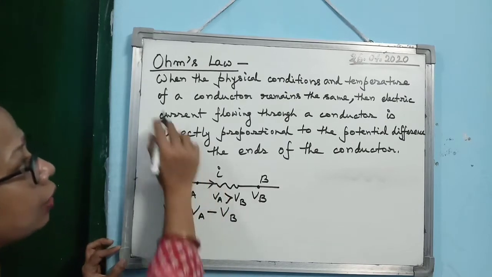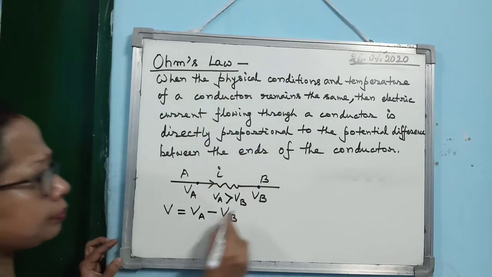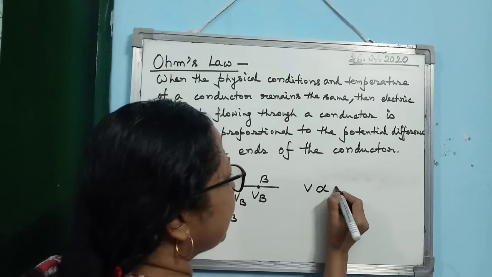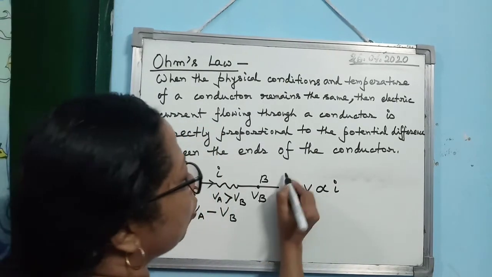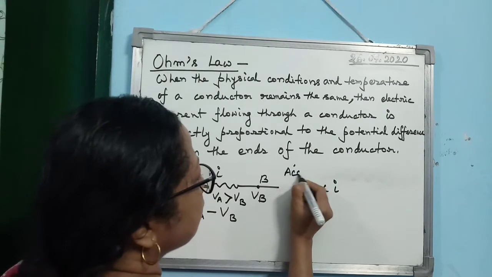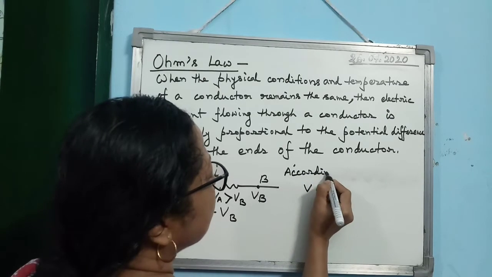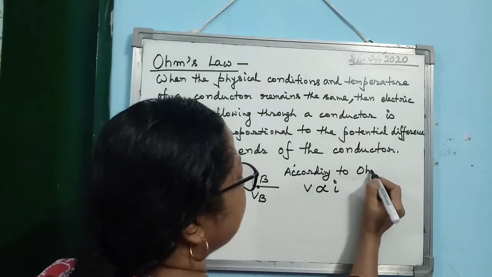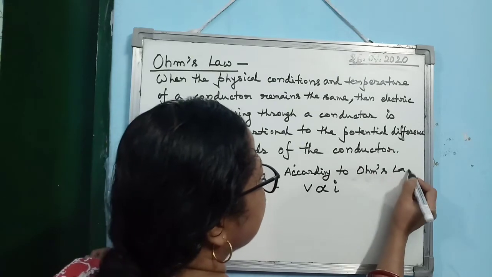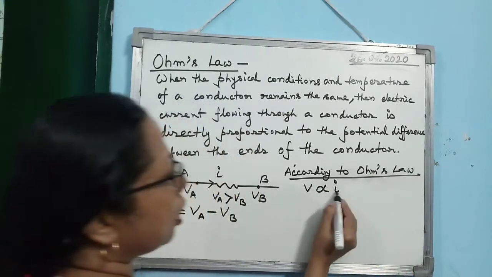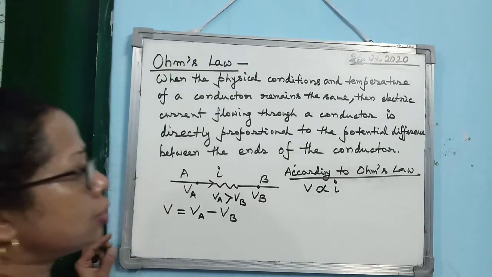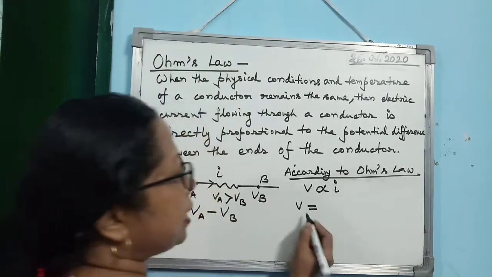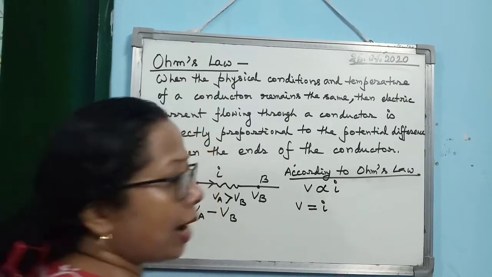Now you see, according to Ohm's law, this current and potential difference are directly proportional. So what can you write? According to the statement of Ohm's law, one can write V is proportional to I. So V will be some constant into I, isn't it?